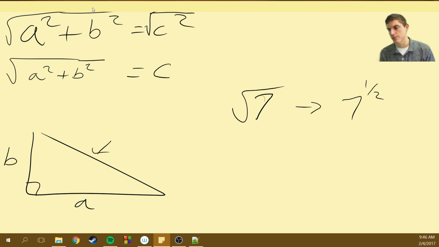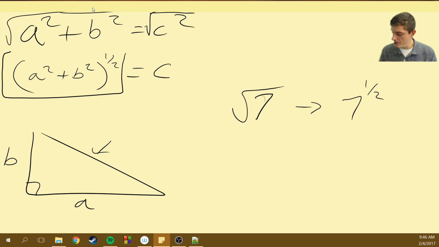Maybe you didn't learn about those exponent rules, but we're going to use that to our huge advantage. So instead of this square root sign right there, I'm going to rewrite this whole thing as that whole thing to the 1/2 power. So I know what my c value is. When I want my c value, I want my c value to be that: a squared plus b squared to the 1/2 power.